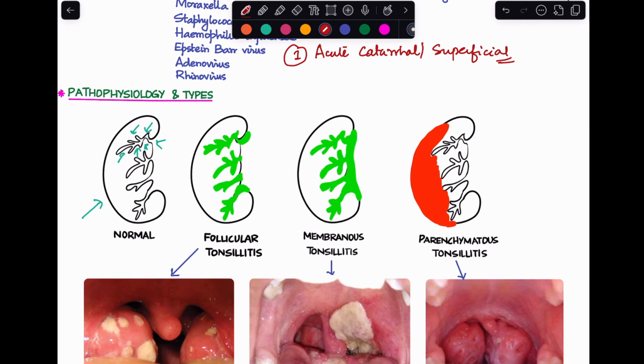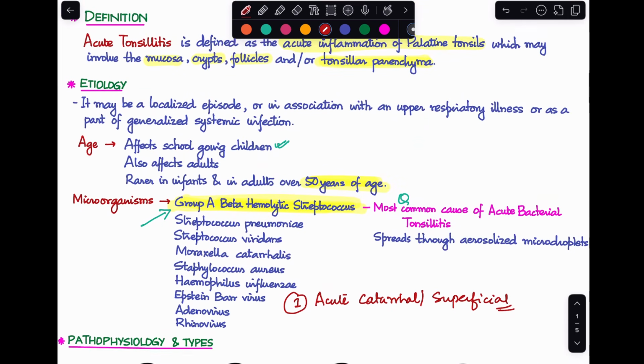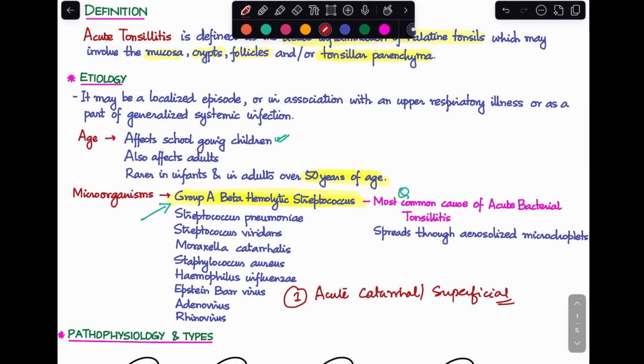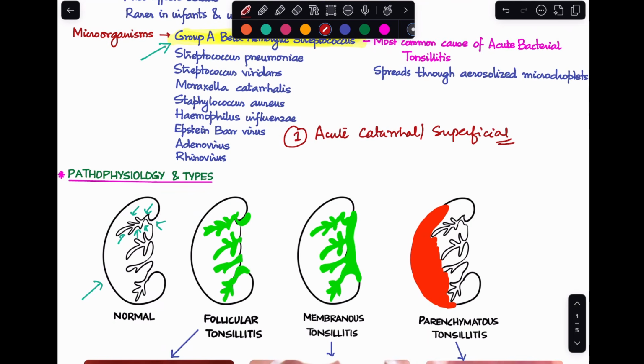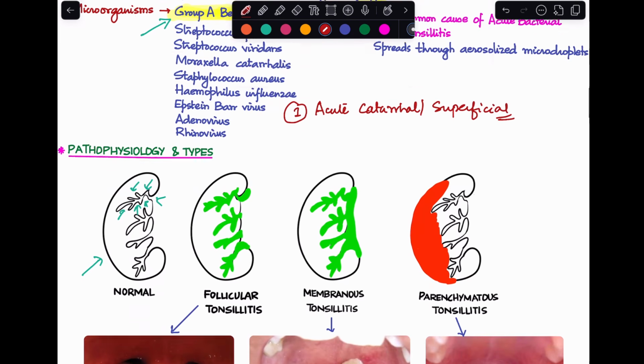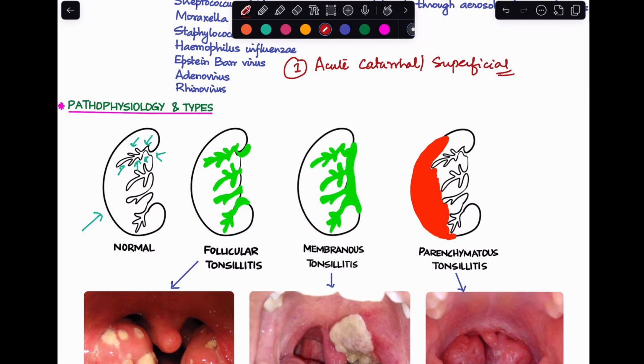I mentioned earlier when I was discussing etiology that acute tonsillitis can present either as a localized episode, or it can even come in association with an upper respiratory illness. So the rest of the oropharyngeal mucosa is also involved. So commonly you'll see that there is acute tonsillitis along with acute pharyngitis present. So that's when we call this acute catarrhal or superficial tonsillitis.